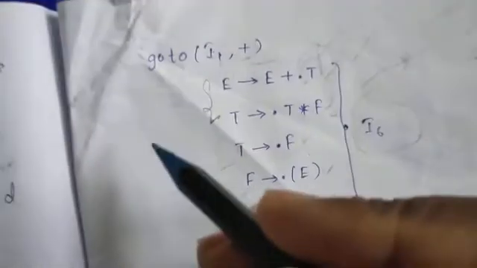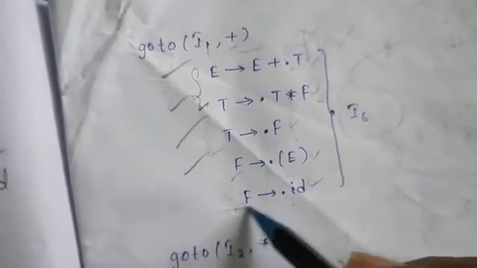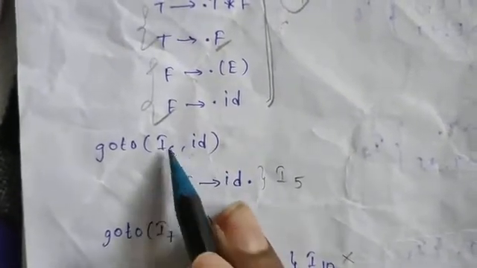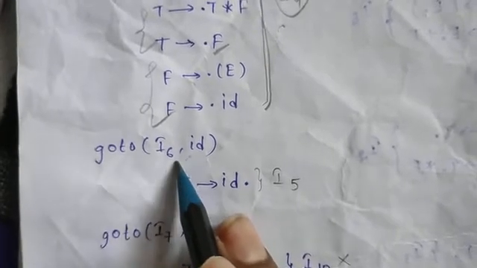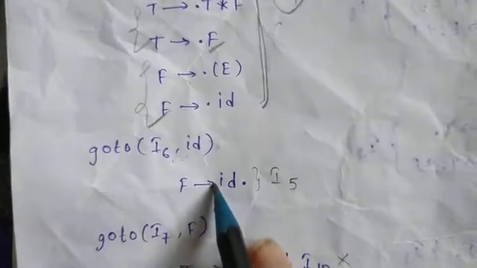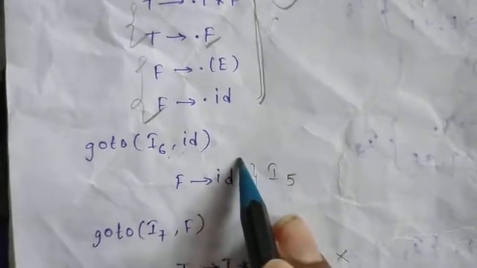Again, one thing is missing here. In I6, the first two are completed, the second two are completed, and then only one thing remains, that is F tends to dot id. That should be mentioned here. Go to I6 comma id, that means the dot will be moving over id.